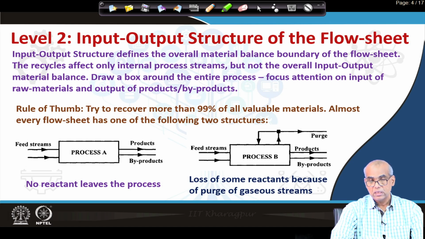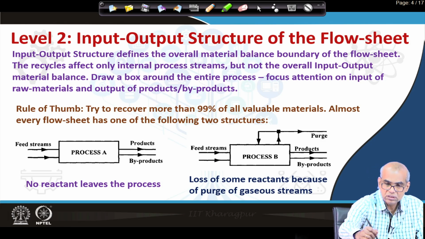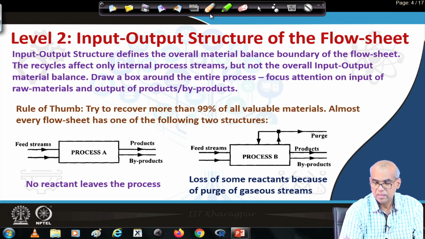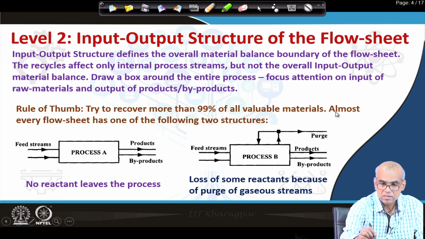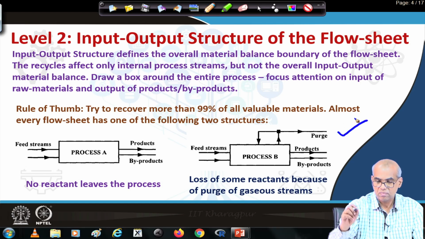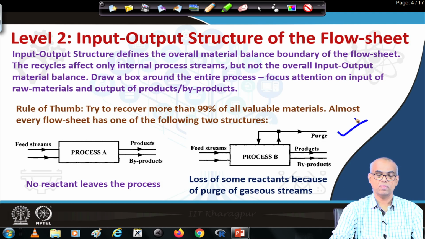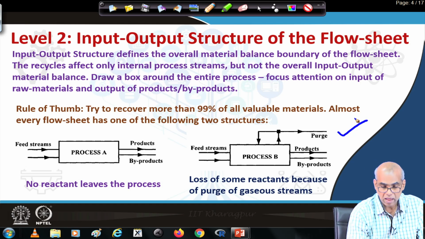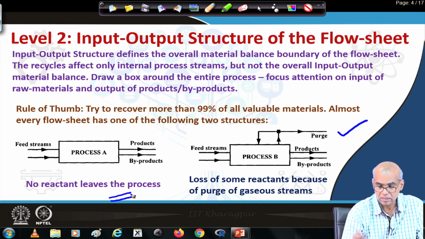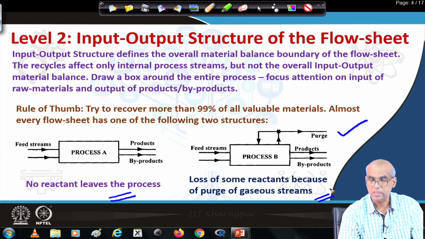So, in such a process flow sheet, you see that there is a purge stream. So, there is loss of some reactants through this purge of gaseous streams. So, in general almost every flow sheet will have either this structure or this structure.